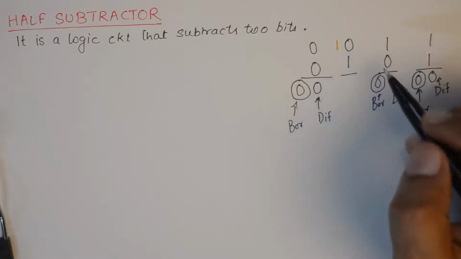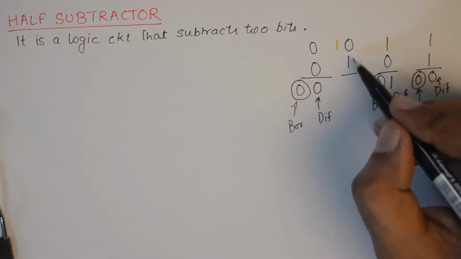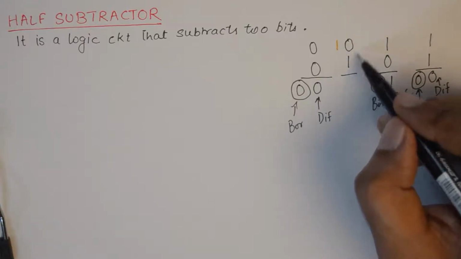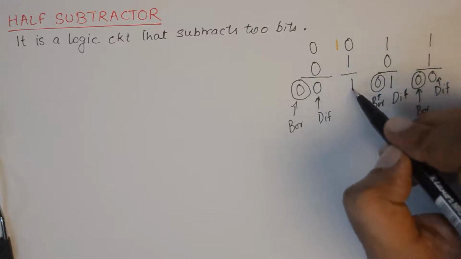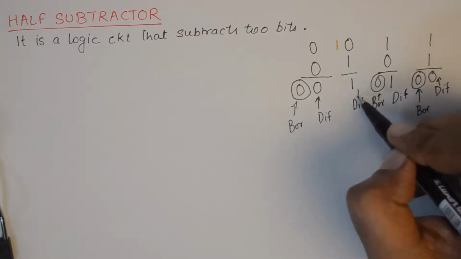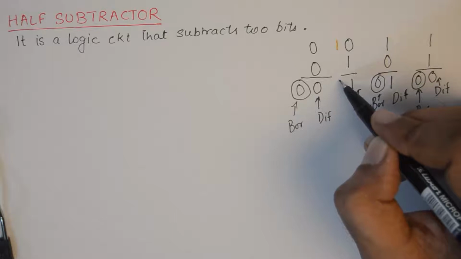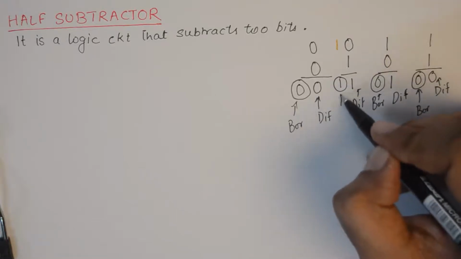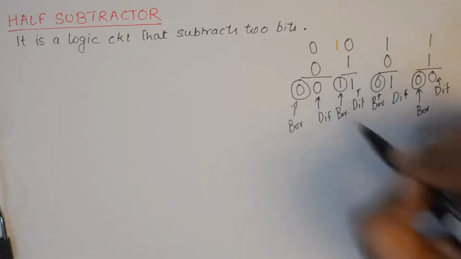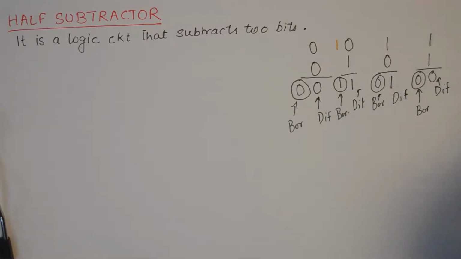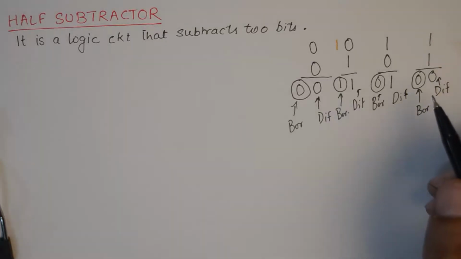So 10 is 2. If we subtract 1 from 2, we get a difference of 1, and of course a borrow is needed to be taken. So these are the four cases for a half subtractor. This is what half subtractor is intended to do.